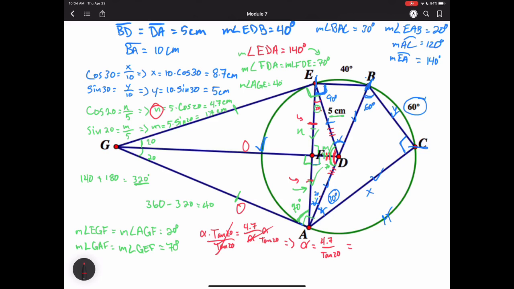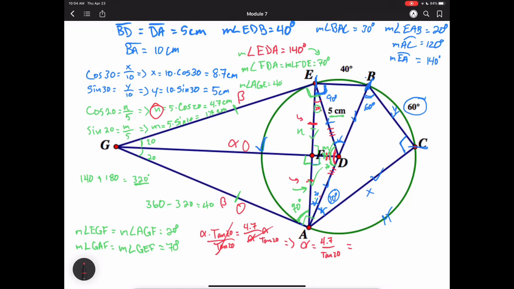But the next thing I want to do is look at this one right here, which will be, oh, that's alpha. Whoops. I should label alpha. And then I'm going to look at this one, which I'll call beta, because I know that GE and GA are the same. So this time I'm going to use the opposite side and the hypotenuse.